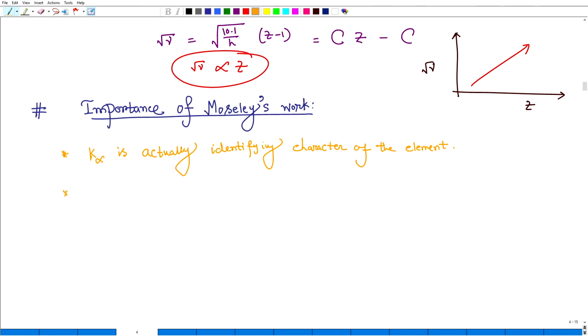Okay. Now second point. Before 1913, because we have to keep in mind that Moseley's work was 1913. So before 1913, as I said, in the periodic table the elements were ordered in terms of atomic weight.